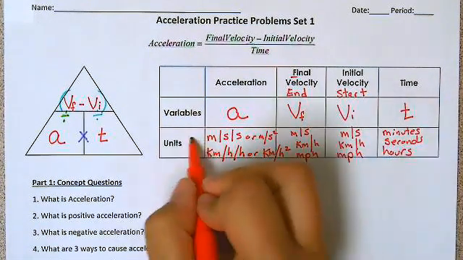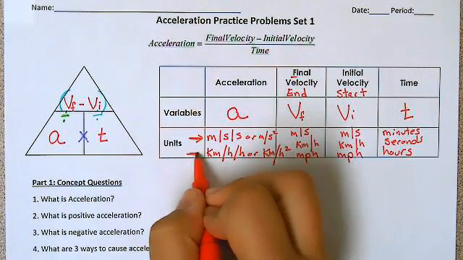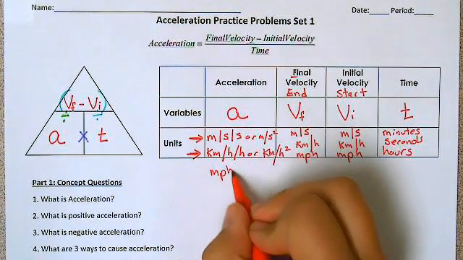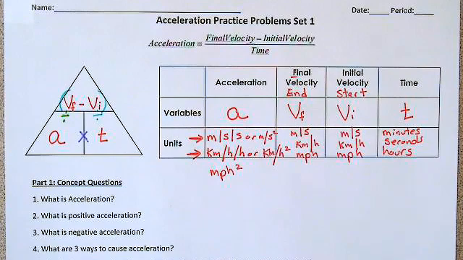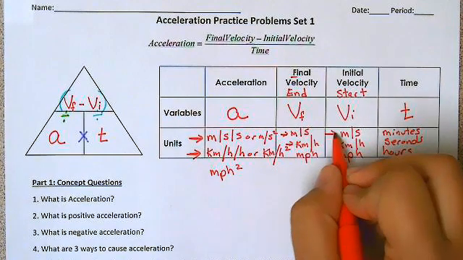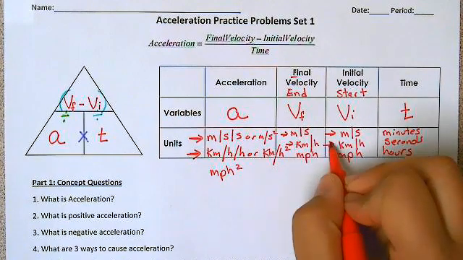Remember that meters per second or kilometers is going to be the metric system. Miles per hour is our American system. We want to focus mainly on the metric system for most of the problems that we work with in science.